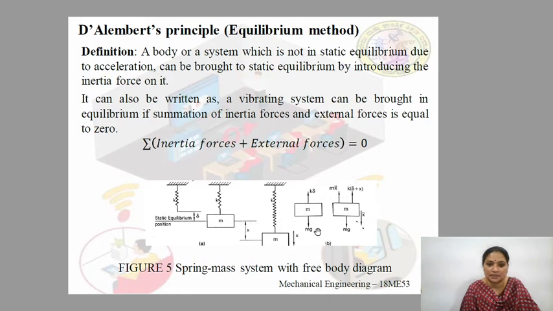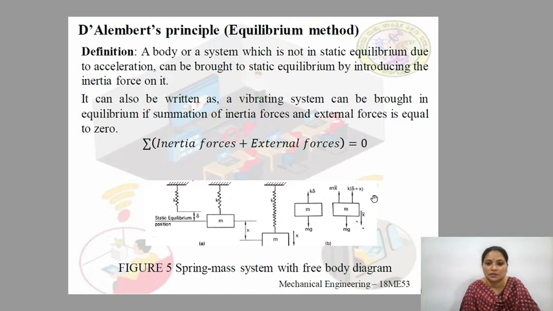The spring stiffness is k, and delta is the displacement of the spring, so k delta is represented in the upward direction. The stiffness of the spring restricts the displacement, so it is in the upward direction.